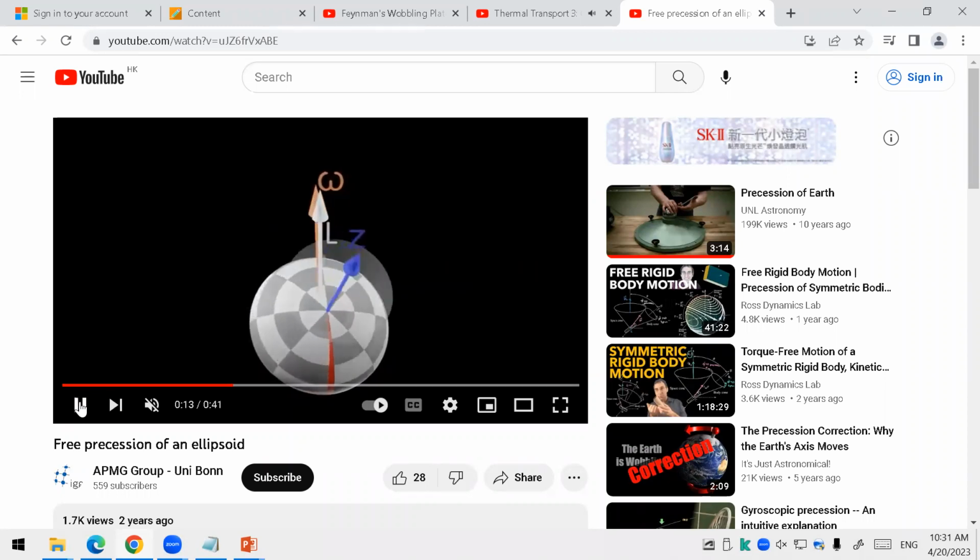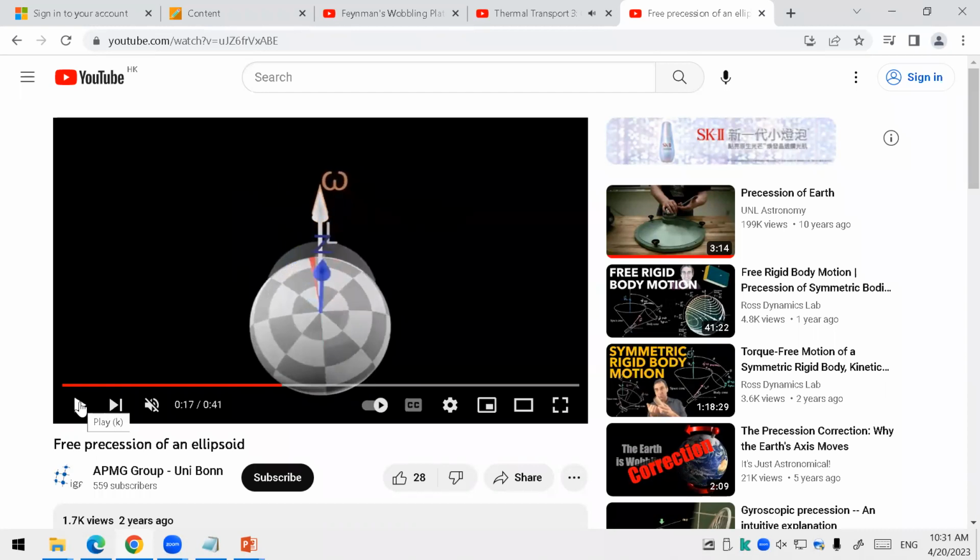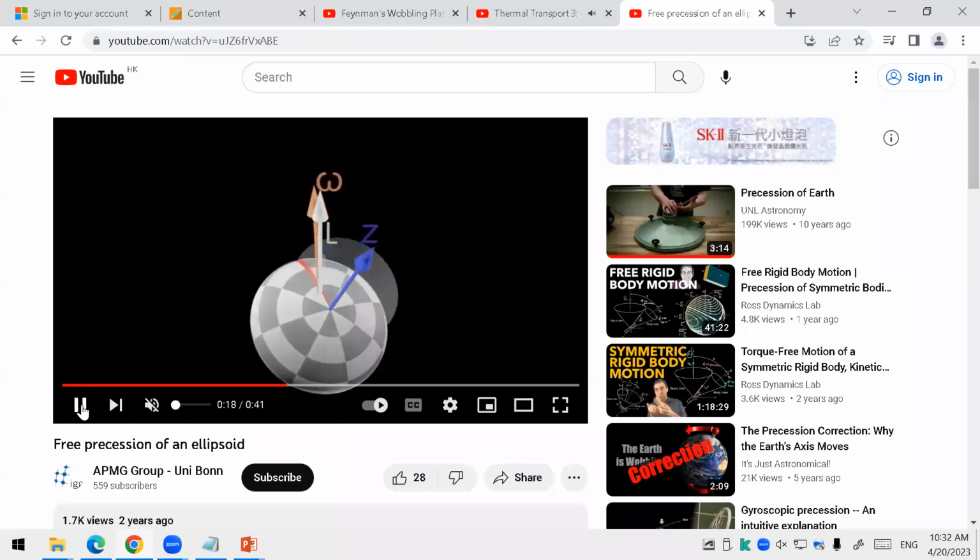So let's play it. Now the wobble motion has completed one cycle, and you can see that the red line is kind of behind, about half, but actually a bit more than half. Let me keep playing this.